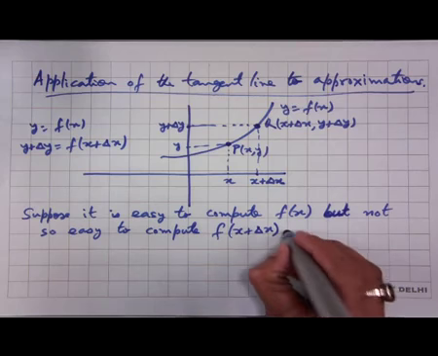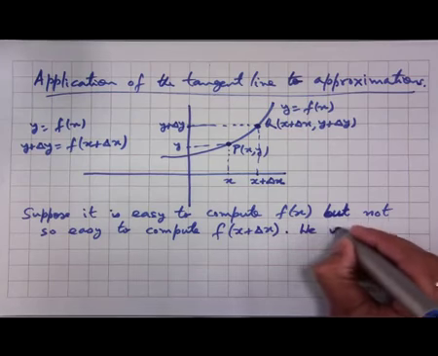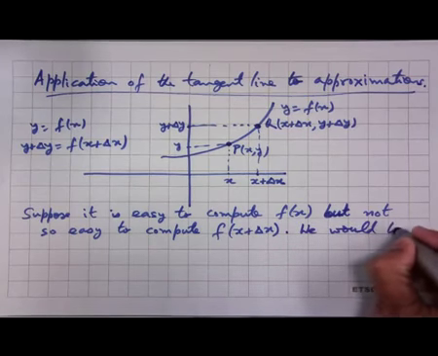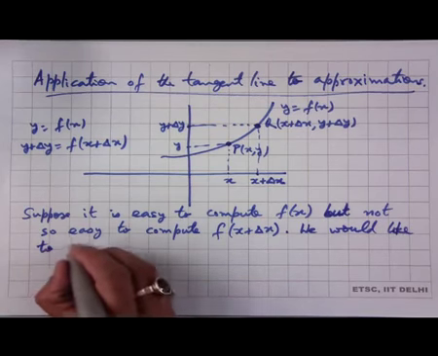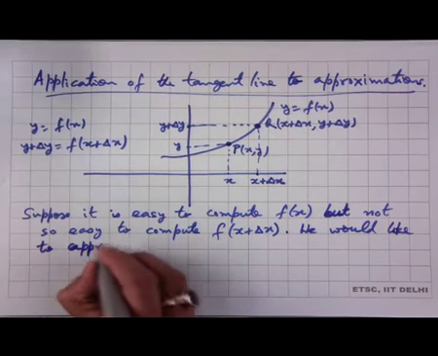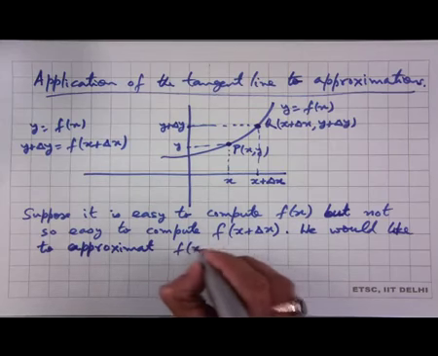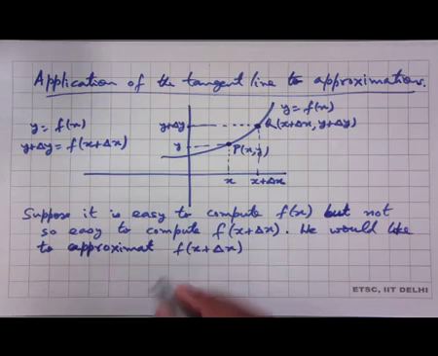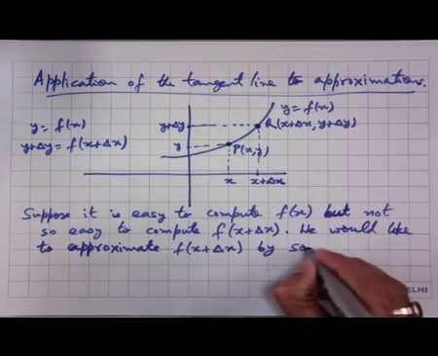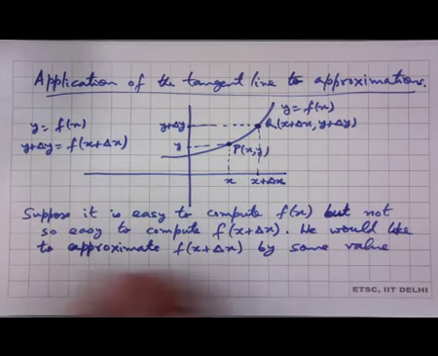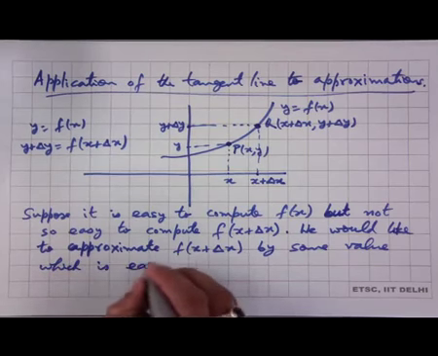What we would like to do is approximate f of x plus delta x by some value which is easy to compute.